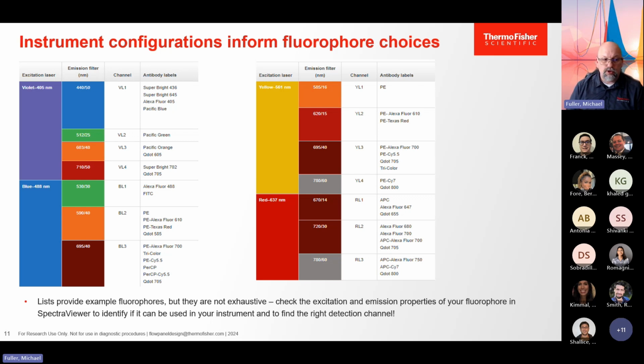Thermo Fisher has a spectral viewer. You can do a search for that. That allows you to put in your specific instrument configuration, what lasers you have, what bandpass filters you have, and then you can test out different fluorochromes and find which detection channel would be optimum for detecting that particular fluorochrome.